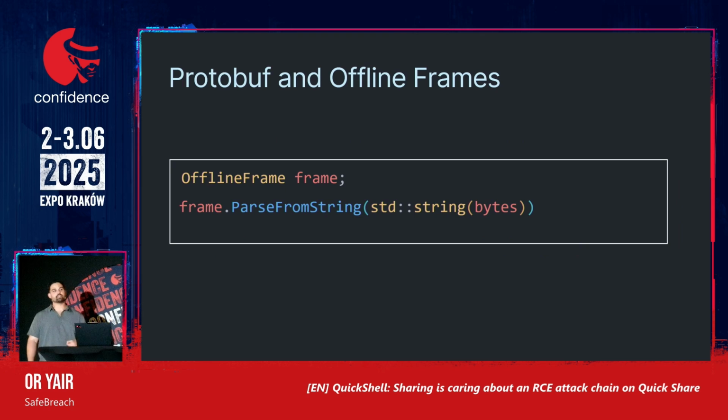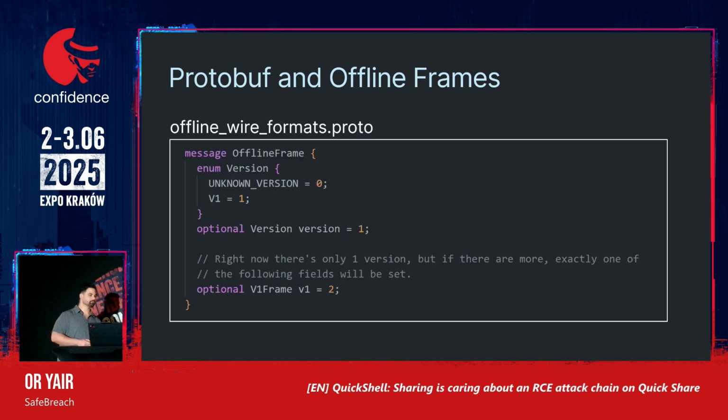Then deeper inside the read function, we were able to see that received bytes are parsed into an object called offline frame. Now, this object was not a normal object as it was a protobuf object.